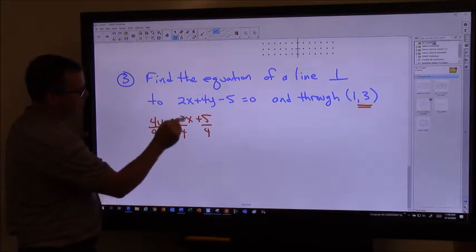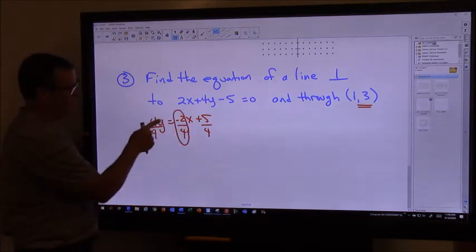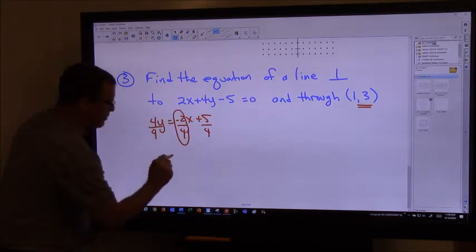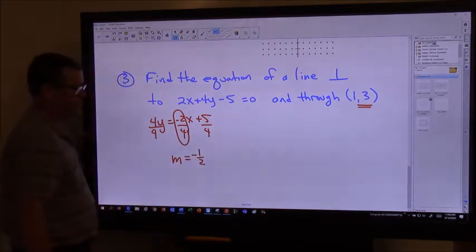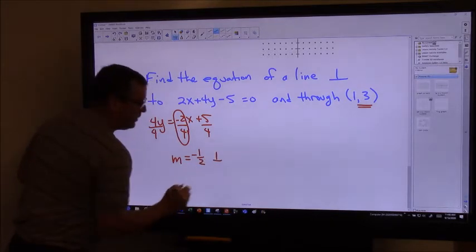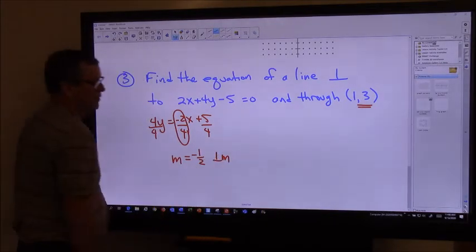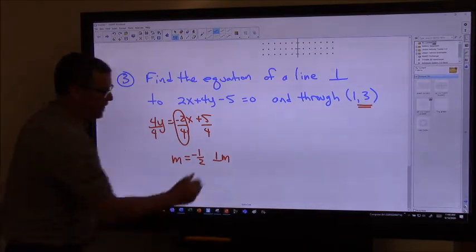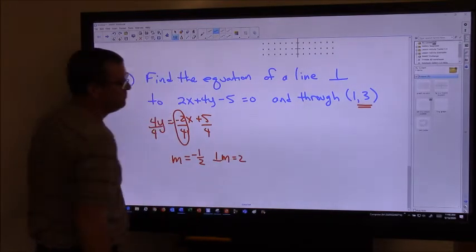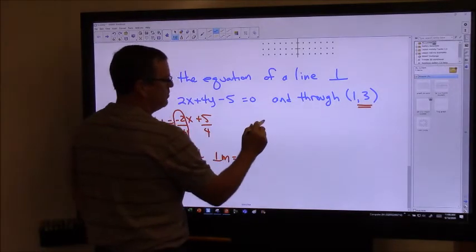I see the slope right there. Y equals mx plus b. So my slope is going to equal a -1/2. So my perpendicular slope, negative reciprocal, so flip it over and change it to the opposite, and that'll be a +2. And so now I can write the equation of my line.